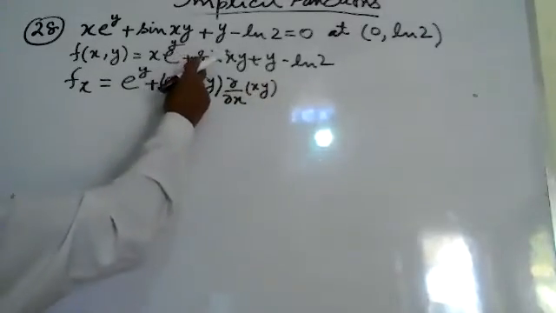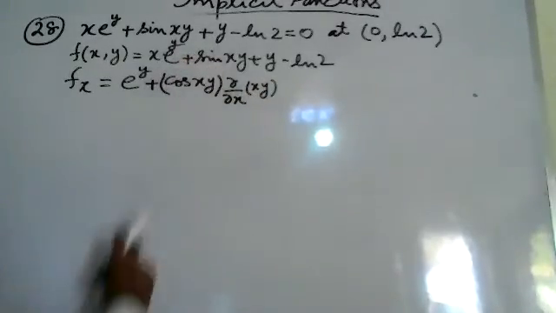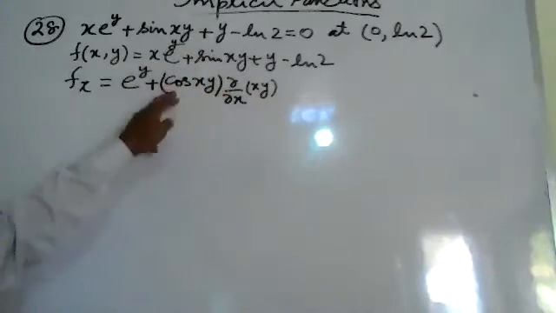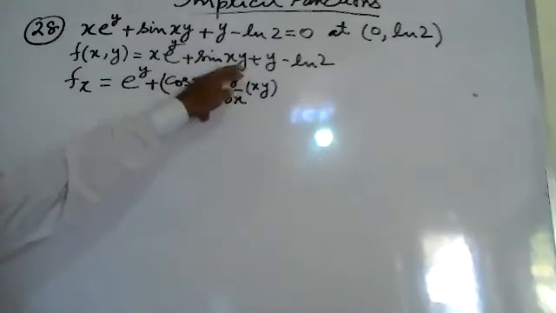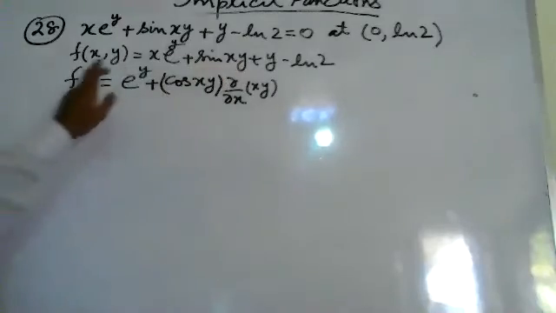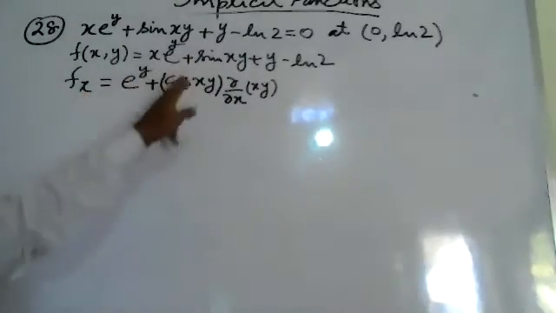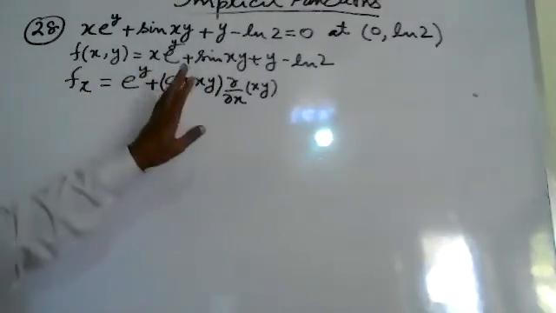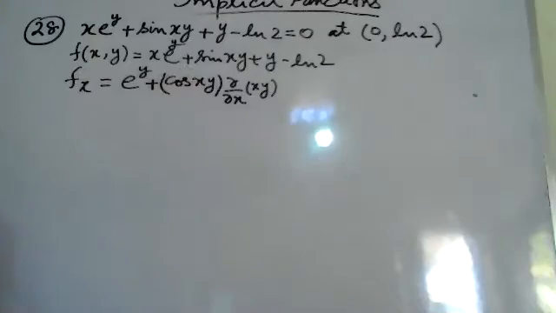If there is x, we'll take cos xy. If it is y only, there is no x, so the derivative of sin y with respect to x will be 0. No need to write cos xy, it will be 0 if there is no x.